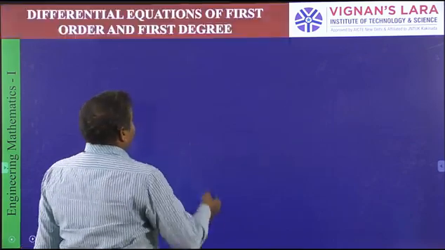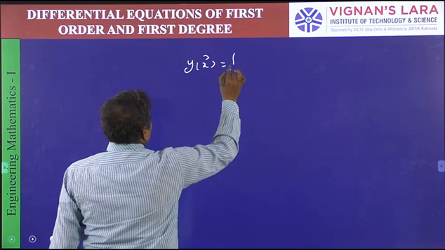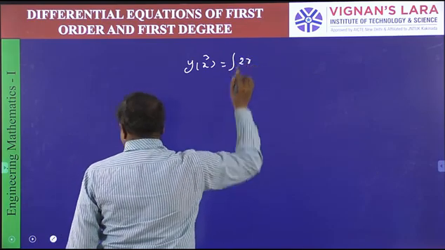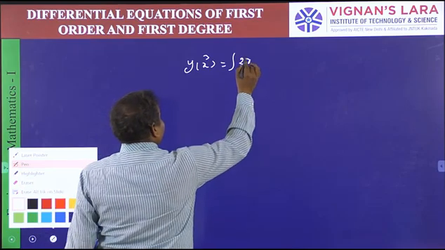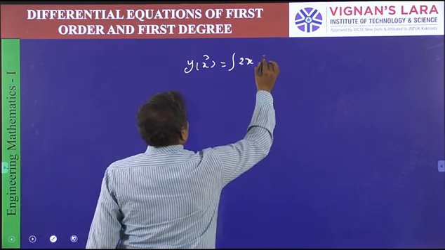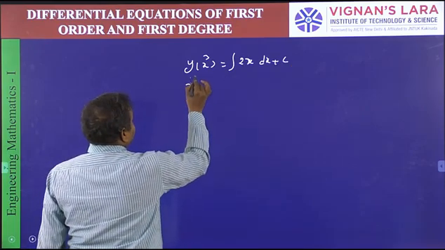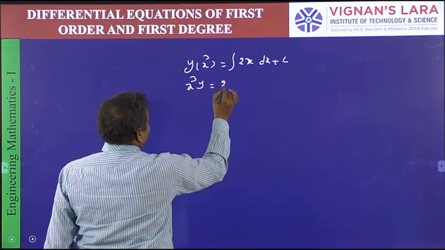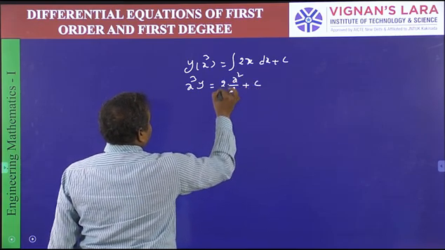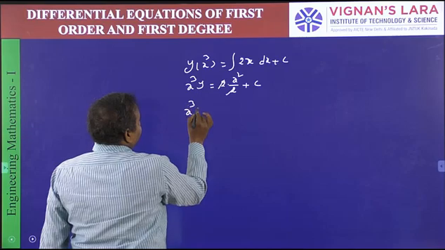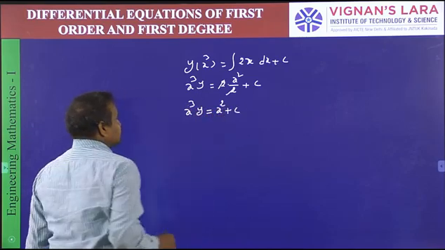So we write y into x cube is equal to integral 2x dx plus c. So x cube y is equal to 2 into the integration of x, which is x square by 2, plus constant. The 2 gets cancelled, so x cube y is equal to x square plus constant.